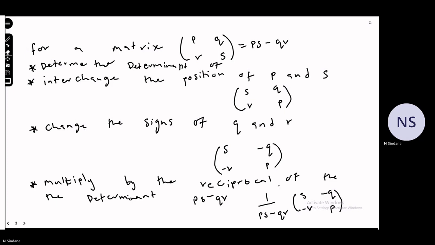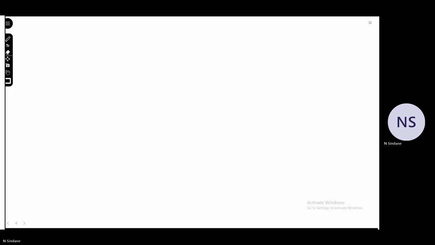So let's write the formula in the simplest form. Say you are given a matrix A and they want you to identify the inverse of matrix A. The inverse of matrix A is equal to 1 over the determinant of A, times the new matrix.